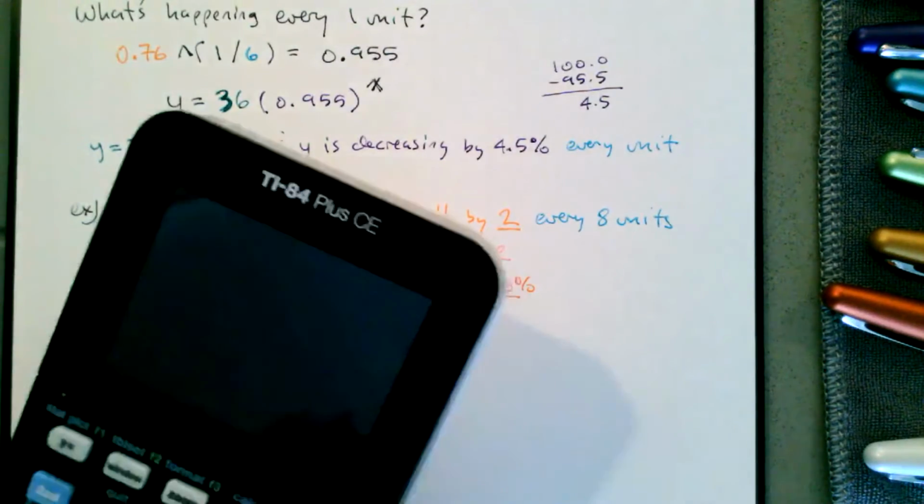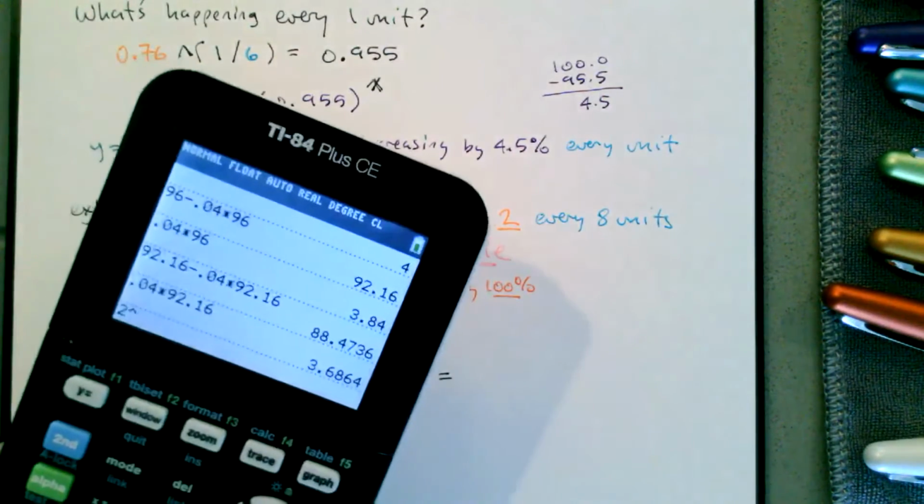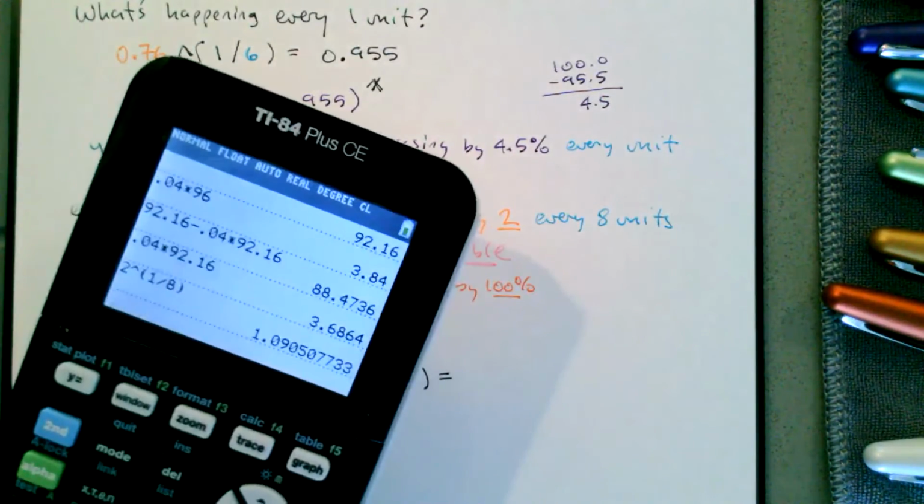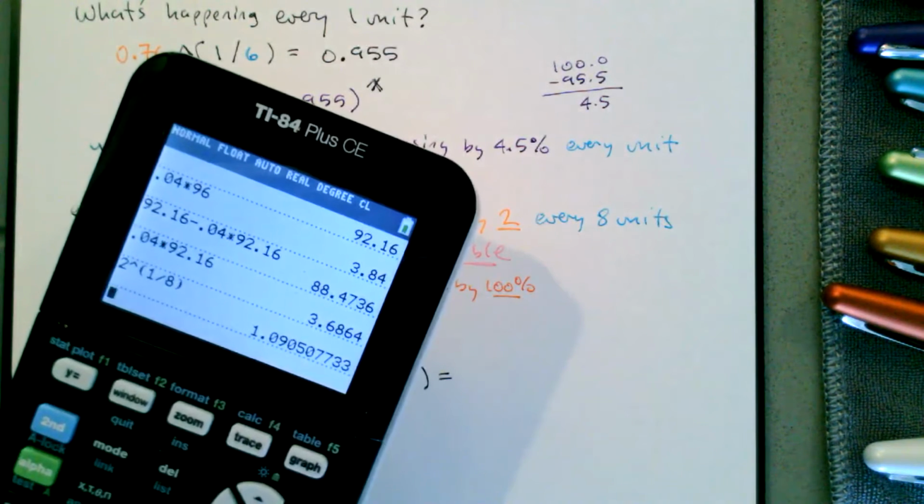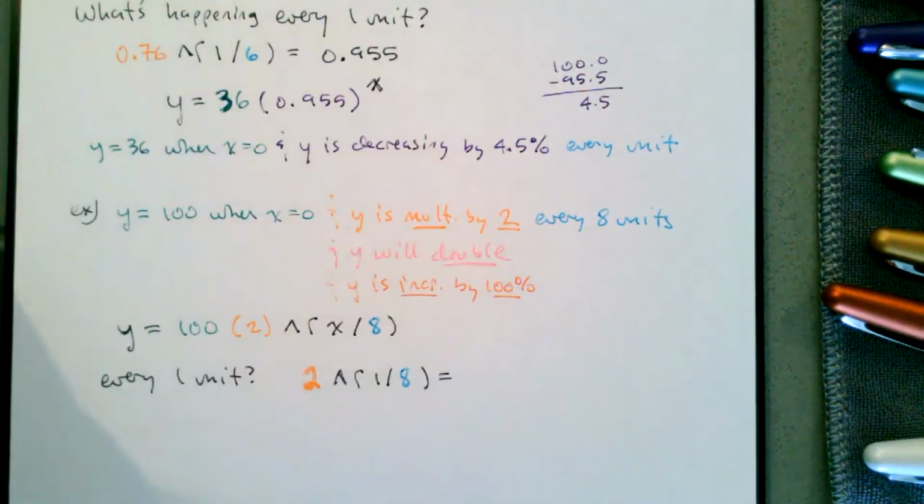Grab my calculating machine. 2 to the 1 over 8 is 1.09, we'll call it 1.0905, so 1.091.